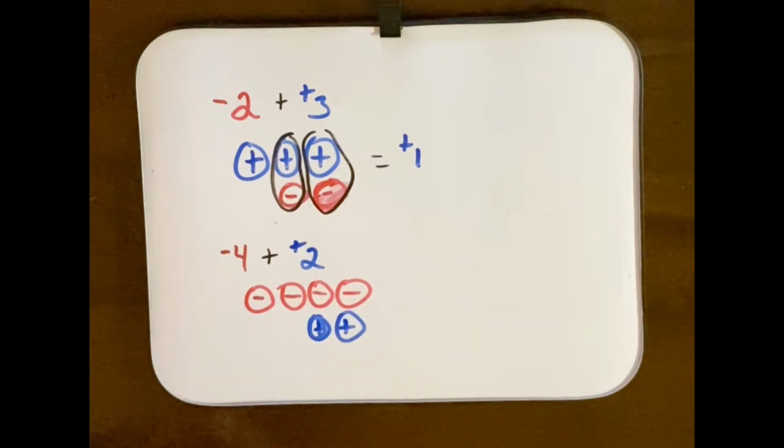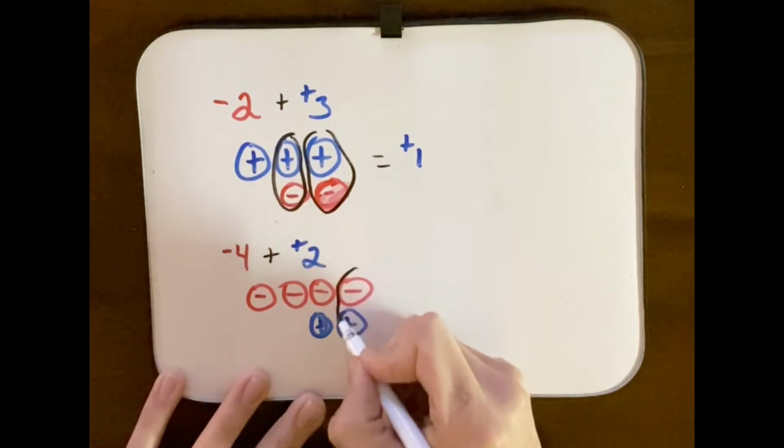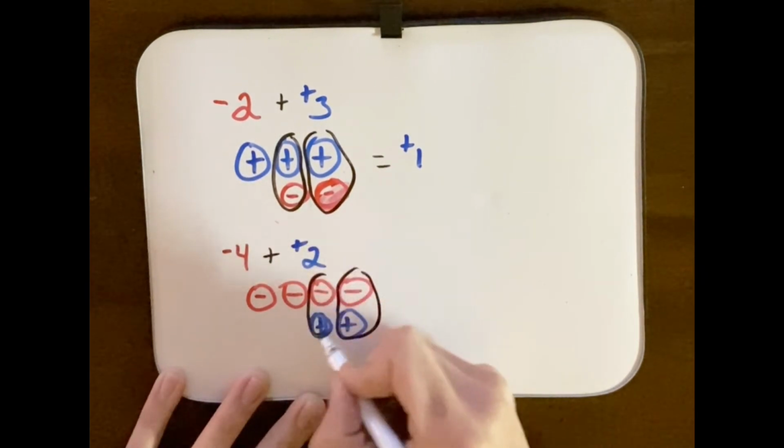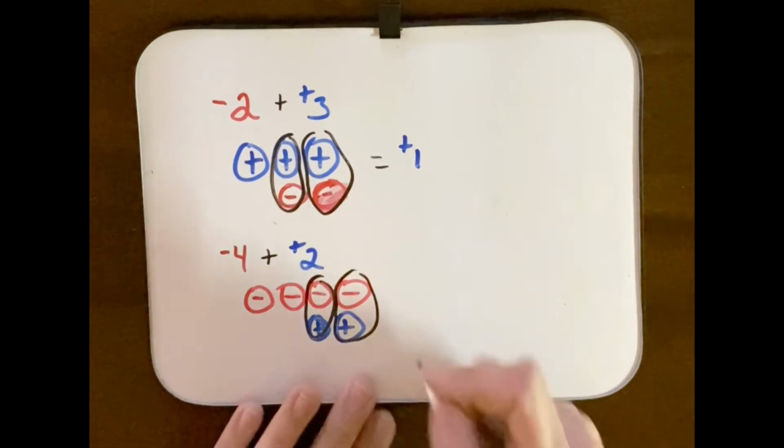Now, when we think about it this way, again, we have 4 negatives and 2 positives. How many zero pairs do we have? 1, 2. 2 zero pairs. And what do we have left after we get rid of those zero pairs?